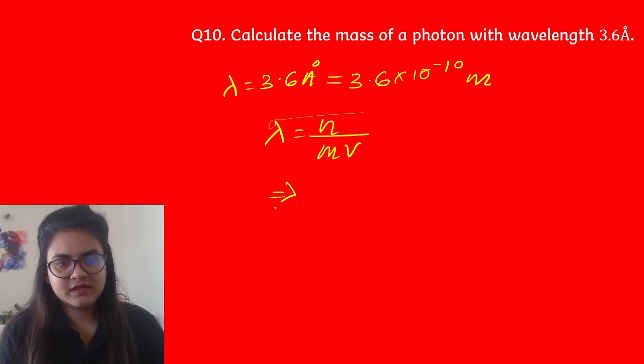Mass you have to calculate, right? Mass of electron, mass of photon, let's write photon. You have to calculate h by lambda into v.